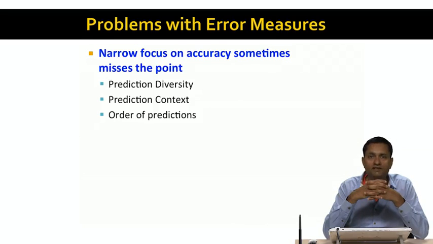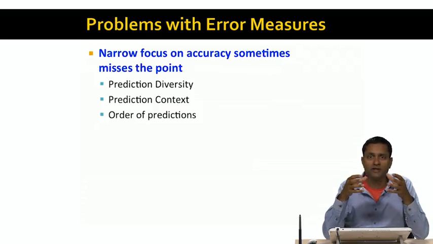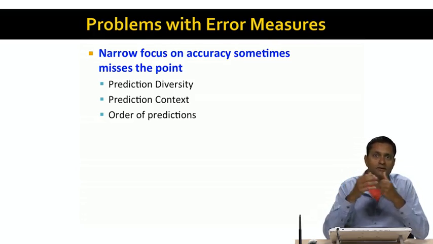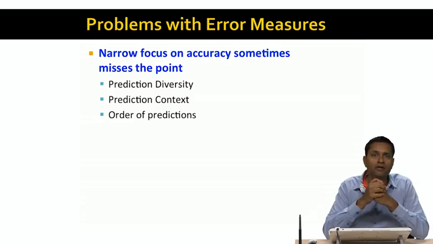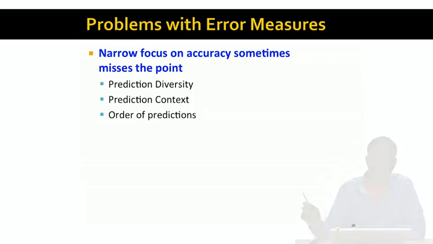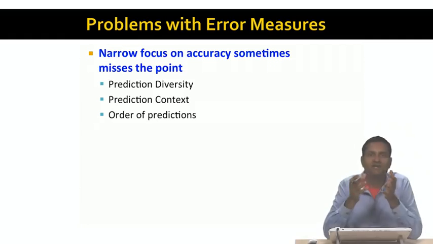Remember, the goal of a recommender system is not really to predict the rating of a user for a given item, but to recommend items to a user that the user might buy, view, or listen to. Sometimes when you predict just the items with the highest scores or highest similarity, you might end up with problems. The first problem we run into is prediction diversity, which means that all the predictions are too similar to each other.